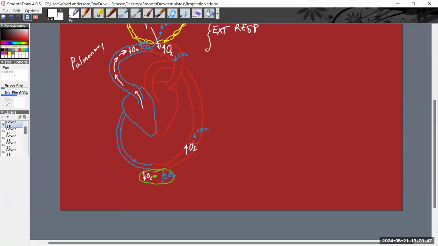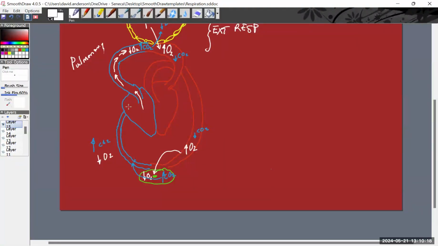So what does that mean for exchange? High to low. So we're going to deliver oxygen in, and we're going to remove the CO2 because it went from high to low. So now on the venous side of our systemic circulation, we're relatively high in CO2 and relatively low in O2.